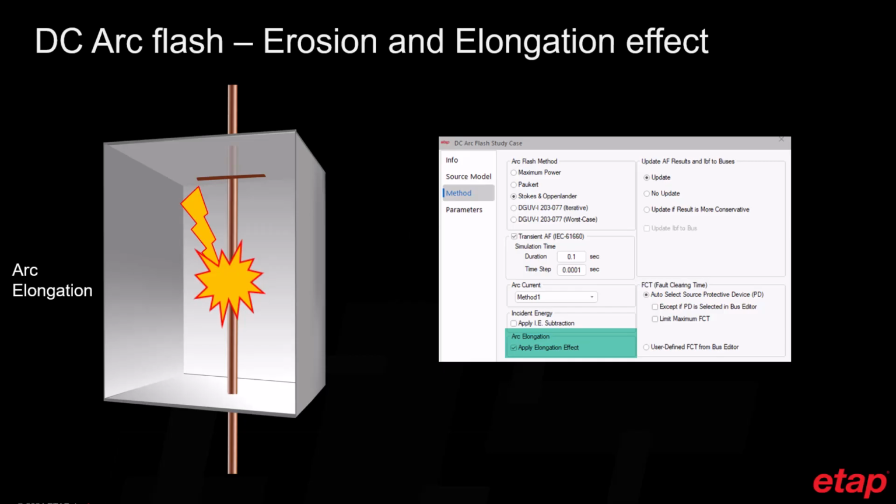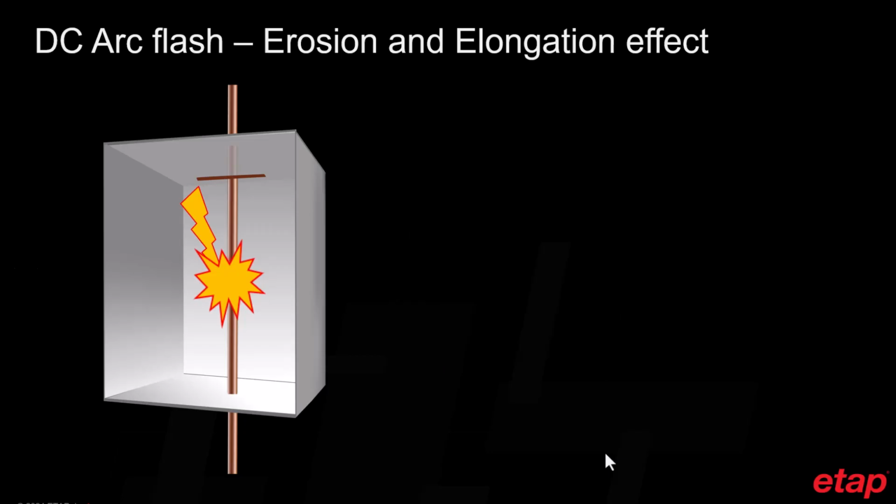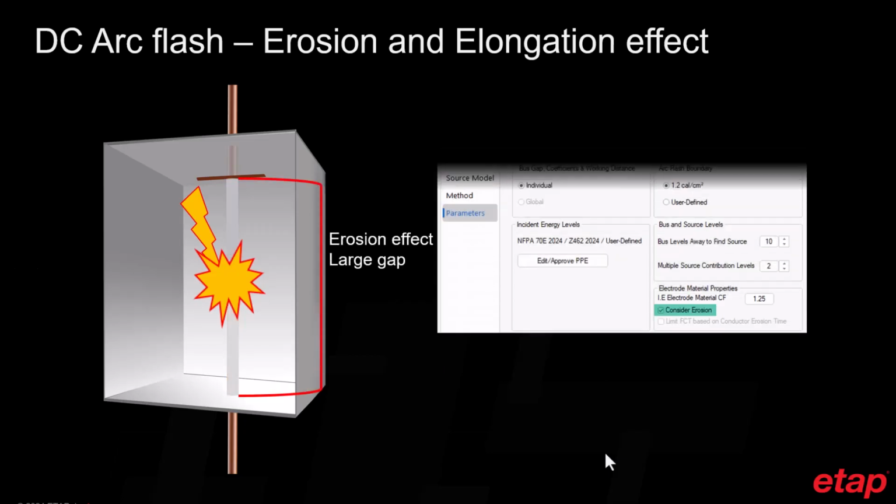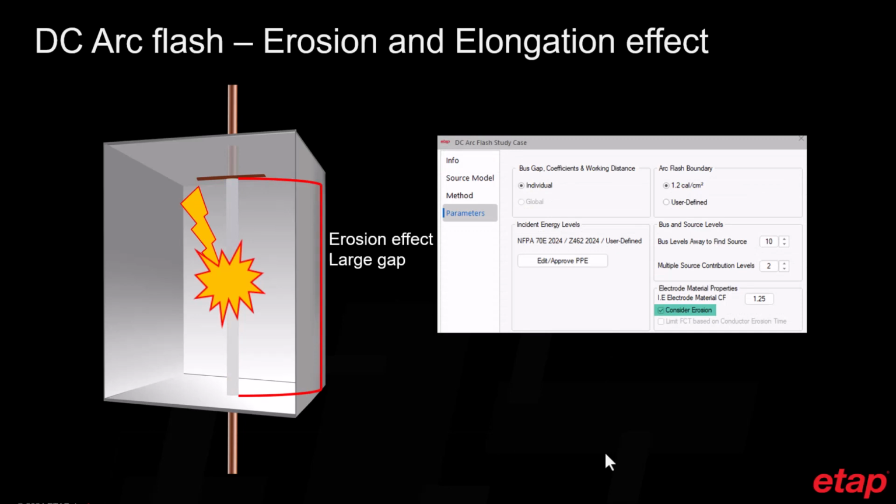Depending upon the high magnitude of the arc currents, which is noticed in battery storage systems, that large magnitude of current could possibly burn the electrodes or erode the electrode material, thereby causing a longer gap, which would basically increase the arc voltage and have an effect on eroding the conductors, and this could possibly affect the incident energy as well. And this erosion effect can also happen way before the fault clearing time determined by the protective device could even take place. And this is another value addition to the incident energy calculation.